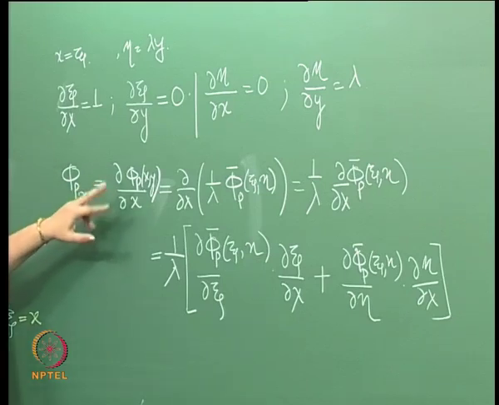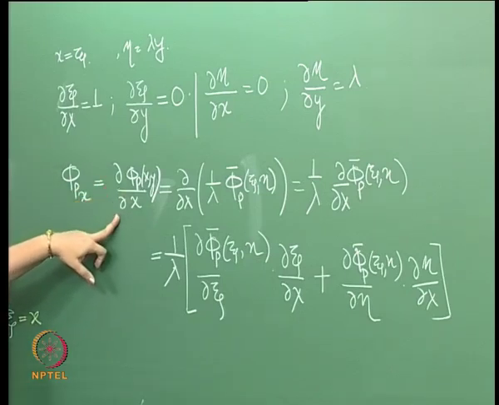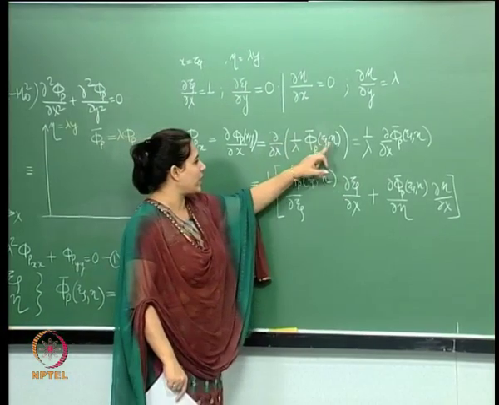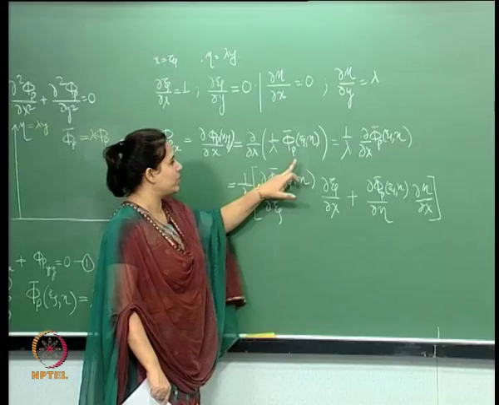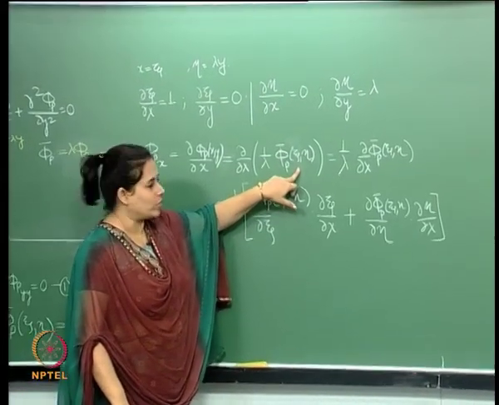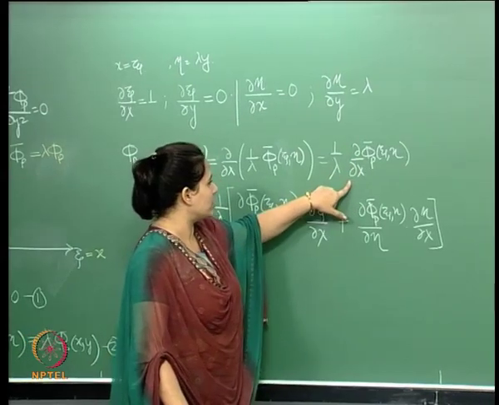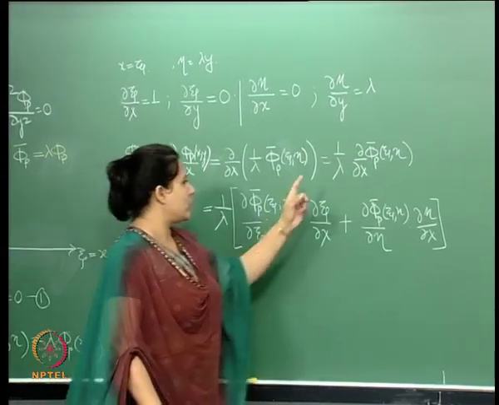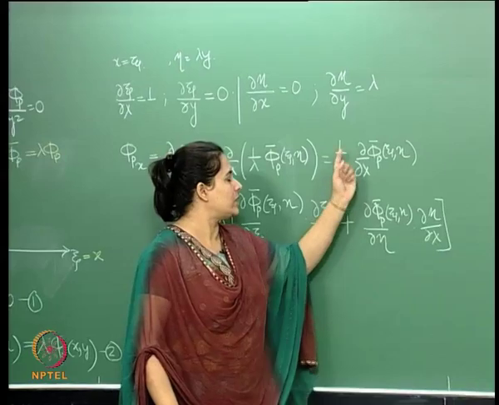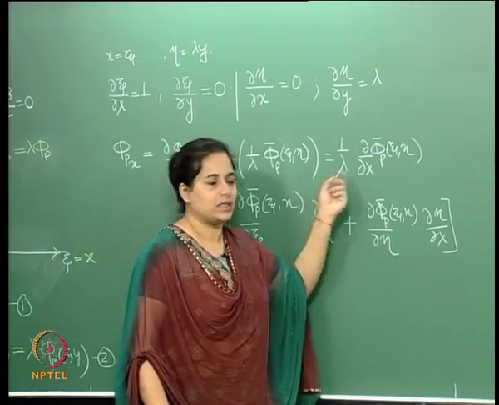So, what we are writing here is phi p x, which is essentially del phi p del x, with respect to the x coordinate. Then I write that in terms of the perturbation potential in the transformed coordinates here. So, which is essentially this. Now, transformed coordinates with respect to change in x, right.